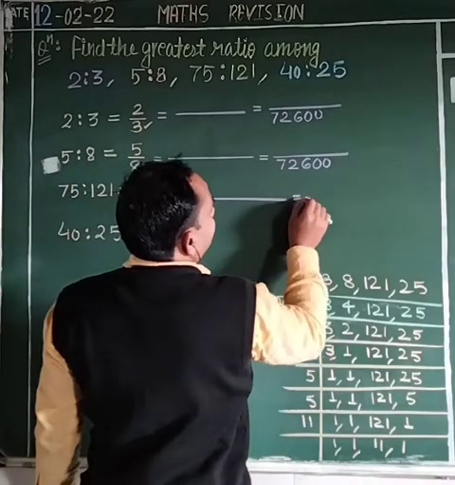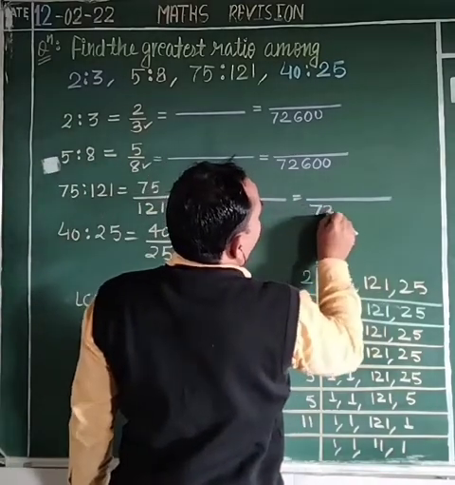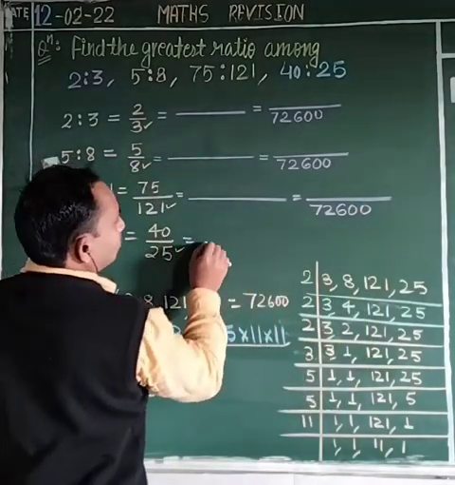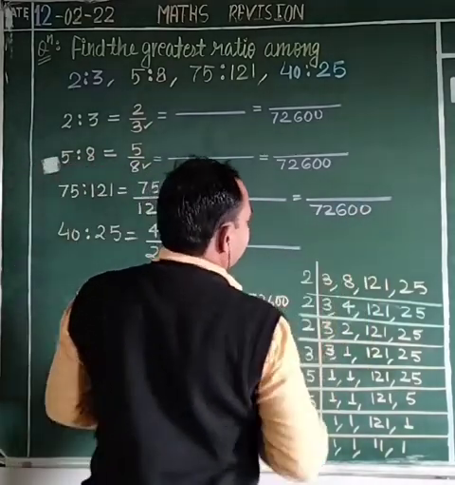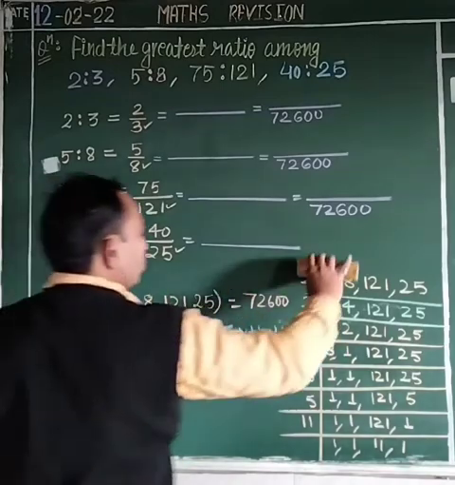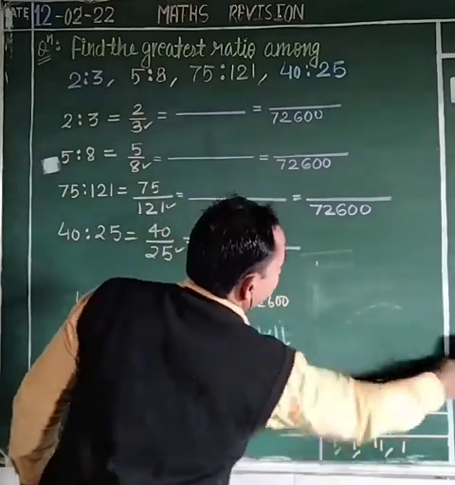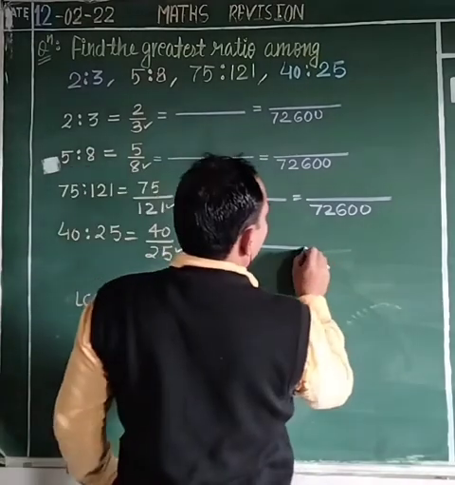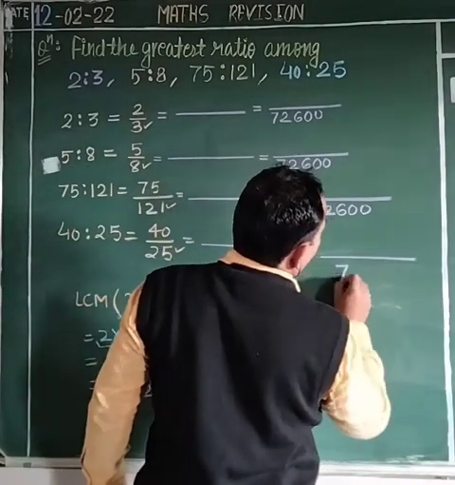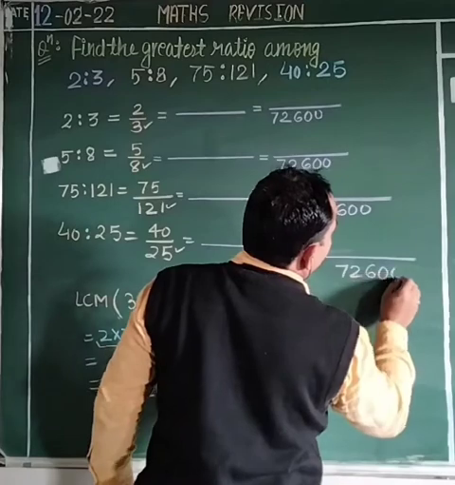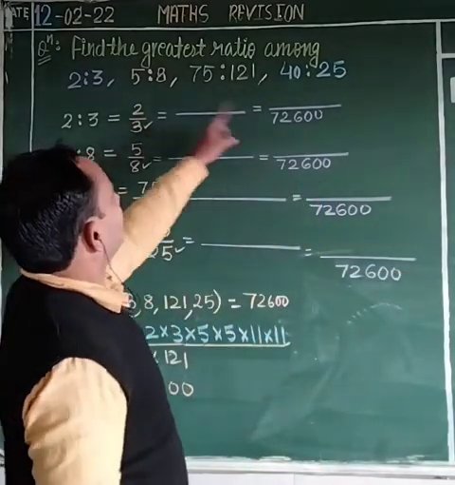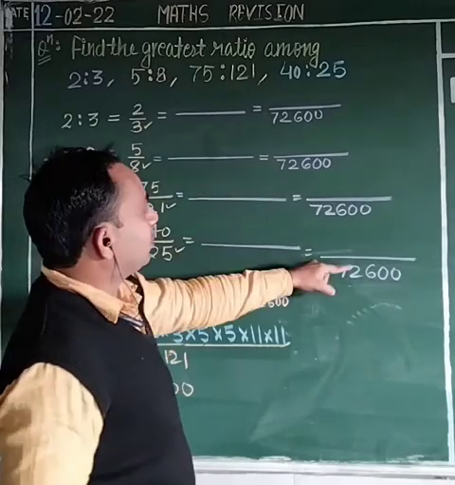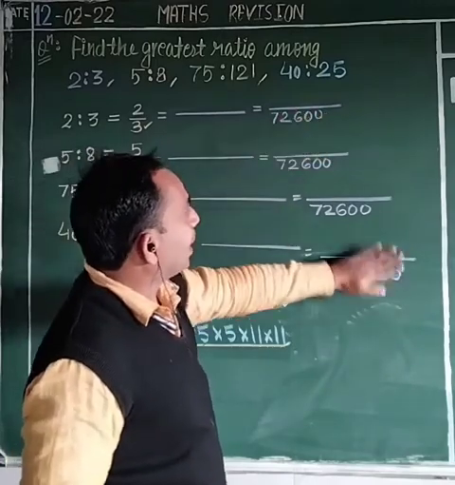Here again 72,600, and here also the denominator will be 72,600. So let me erase this. So these are equivalent, and all these are like fractions.